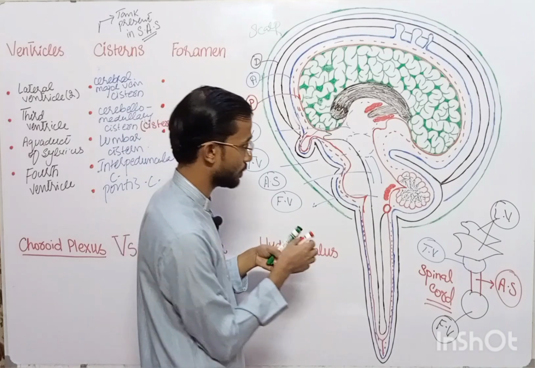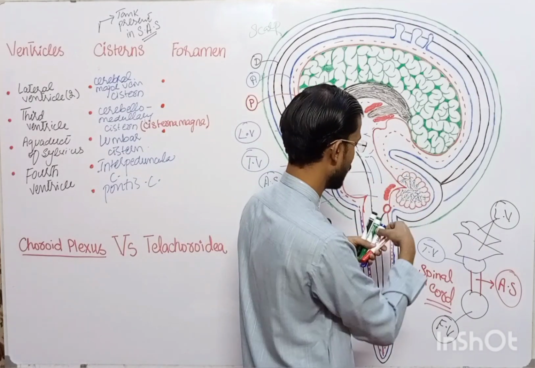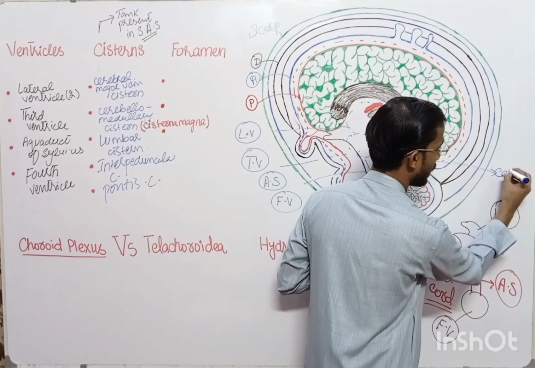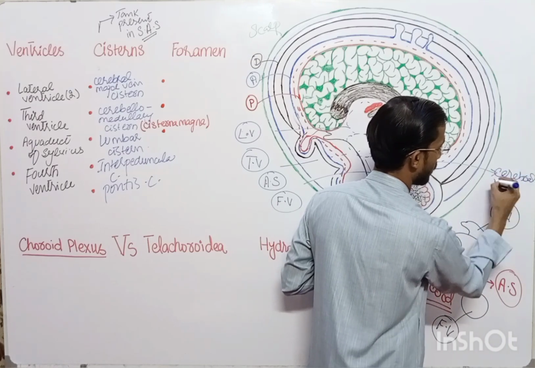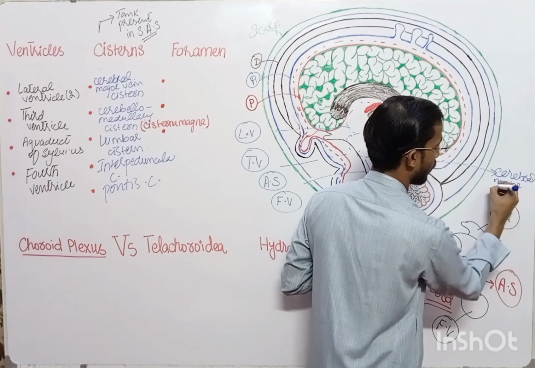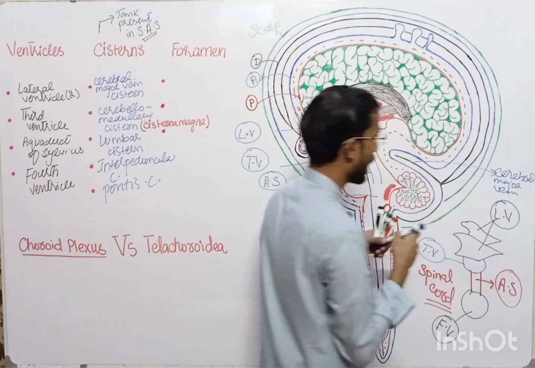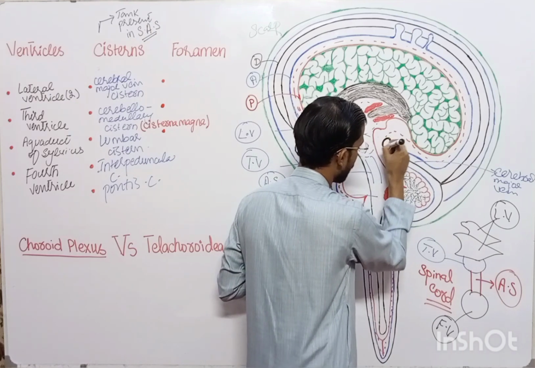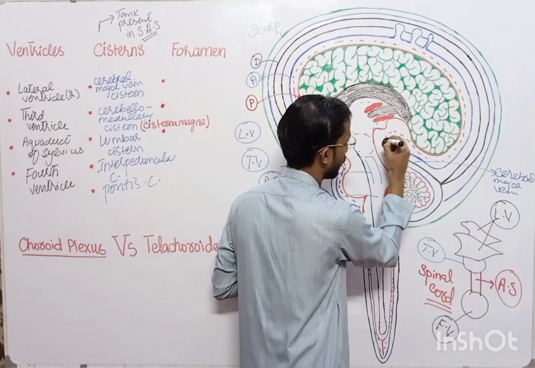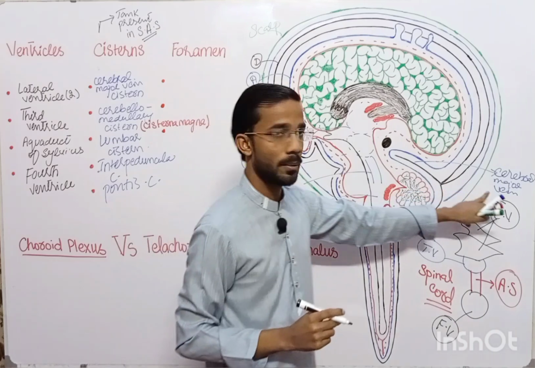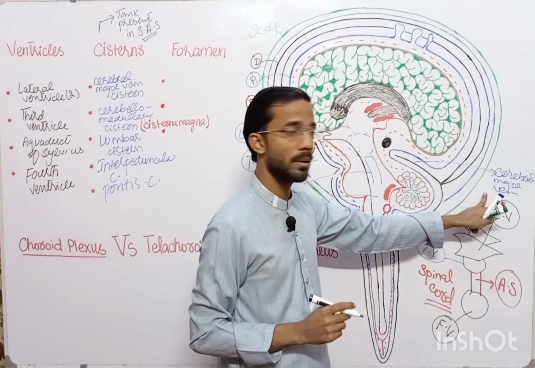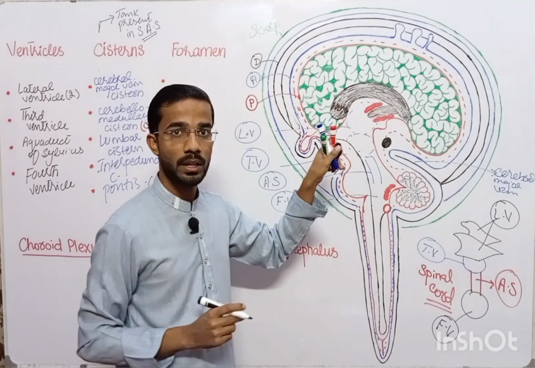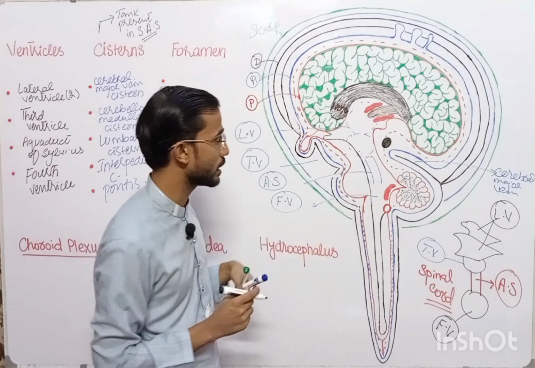Here you can see this is the cerebral major vein, and the cistern, here I write it with blue color, is present near the cerebral major vein. On the basis of it, we call it the cerebral vein cistern.